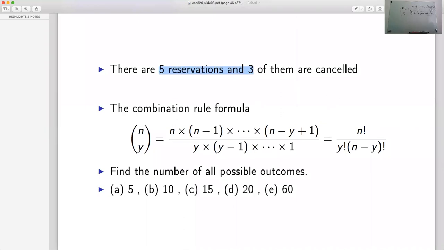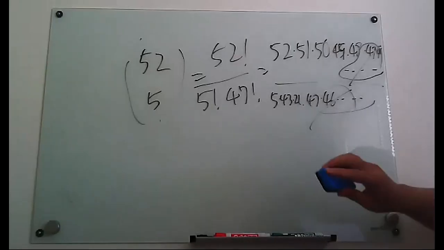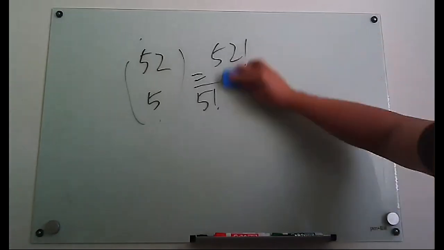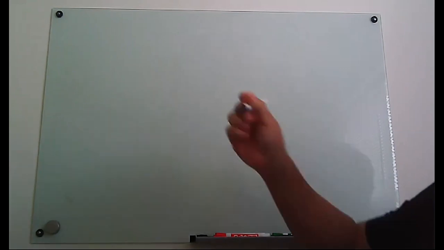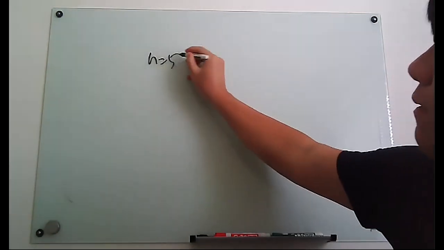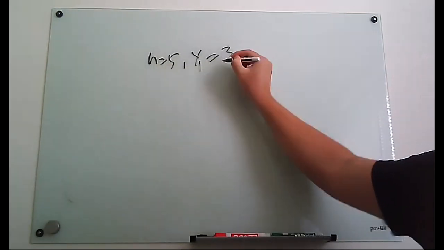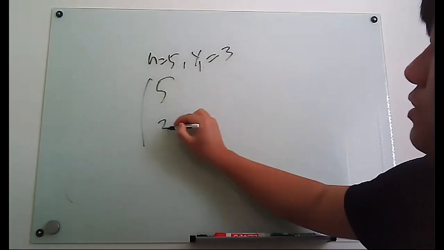So we can do the math. Using the formula, we are looking for n equal 5, y equal 3. So 5 choose 3.